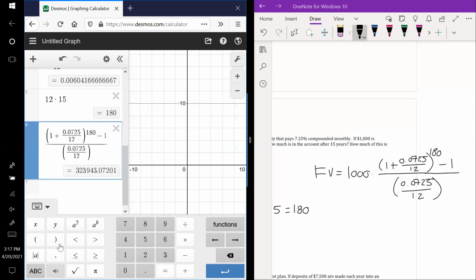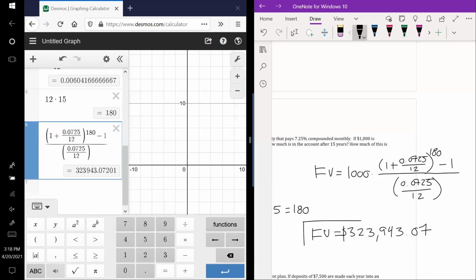And like I said, I typed it in just like I wrote it. Okay. And then this says that after 15 years of putting in $1,000 every month at 7.25% interest, we are going to end up with $323,943 and 7 cents.